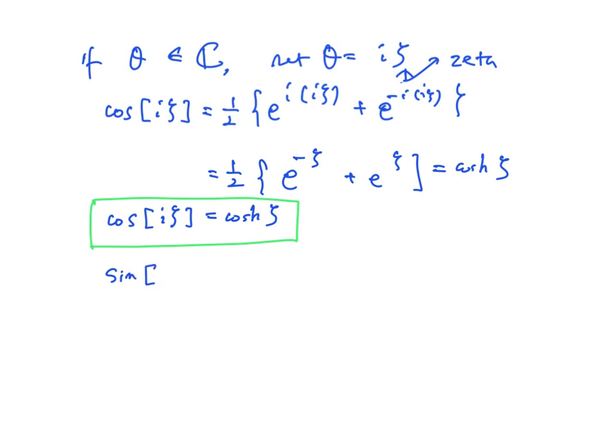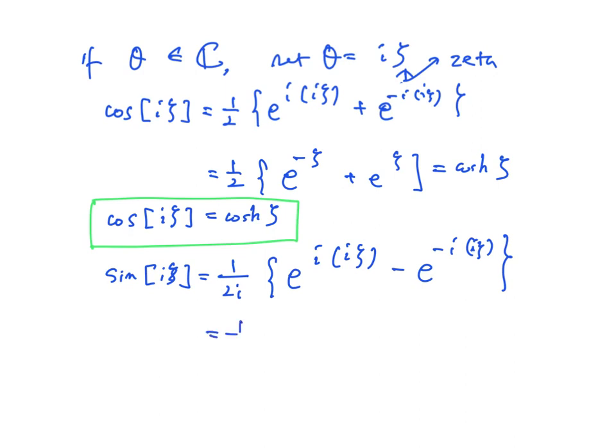Sine i theta is 1 over 2i times exponential i theta minus exponential minus i theta.